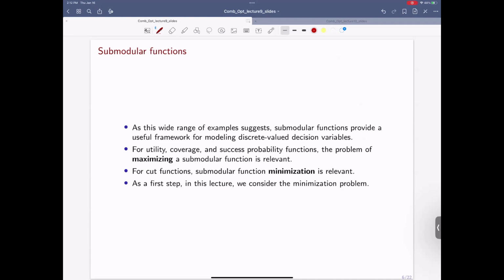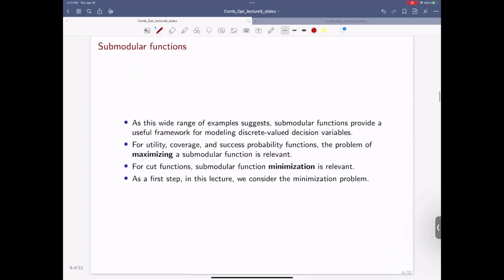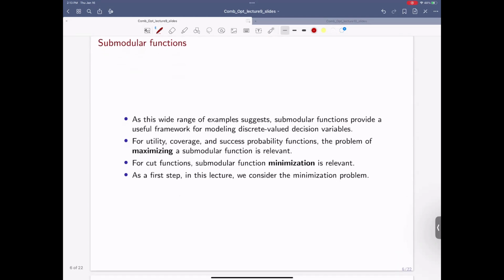There are many ways to explain this problem of minimizing a submodular function, but I'm going to explain it in the context of the separation problem, which I think might be more relevant to optimization people.